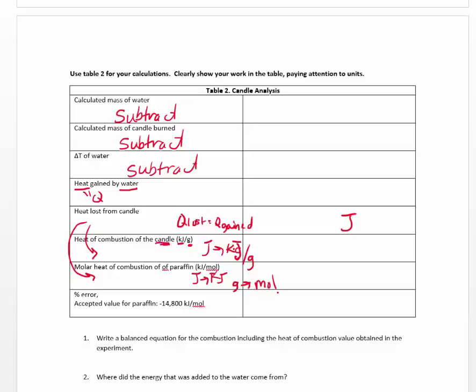That's why on the pre-lab it had you figure out the molar mass, and then divide your kilojoules by your mole. Now I'm going to tell you this mole value is going to be really small, so don't let that freak you out. But when you divide by a really small number, that's what's going to get that number larger, and here's what the real value is, so it should be a fairly large number.